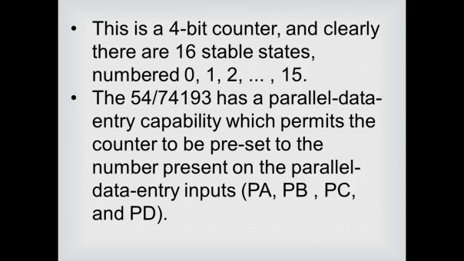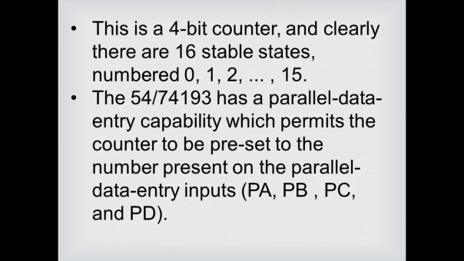You want to start from the state number 5. Then corresponding to the state number 5, 0, 1, 0, 1, that data must be present at PA, PB, PC and PD. And when the parallel data entry is activated, the output will take that value. That means QD, QC, QB and QA will take the value of PD, PC, PB and PA, and that way it is going to be set to the state number 5.